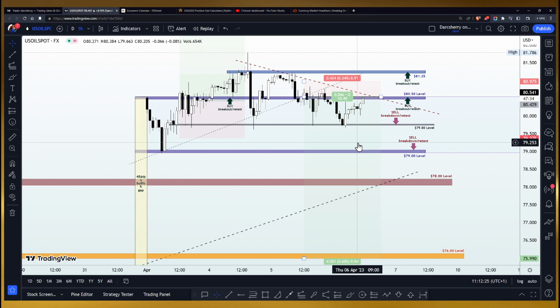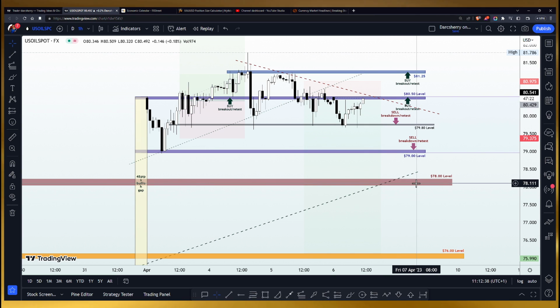So right now, going into the New York session today and considering the current market structure, how do we intend to take advantage of a trading opportunity here? Well, the first thing that I think looks more likely is the potential of a retracement phase in this market.